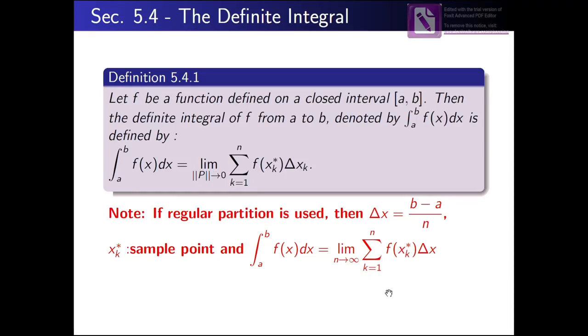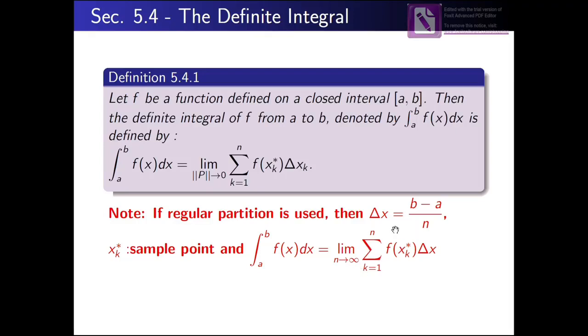Actually they are the same. When we do the calculation, we use n approaching infinity and ignore the norm of P approaching 0, because we are not going to evaluate the norm of P.